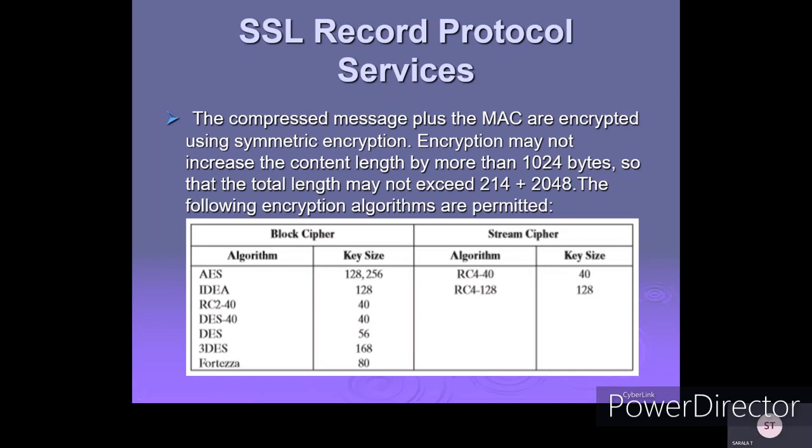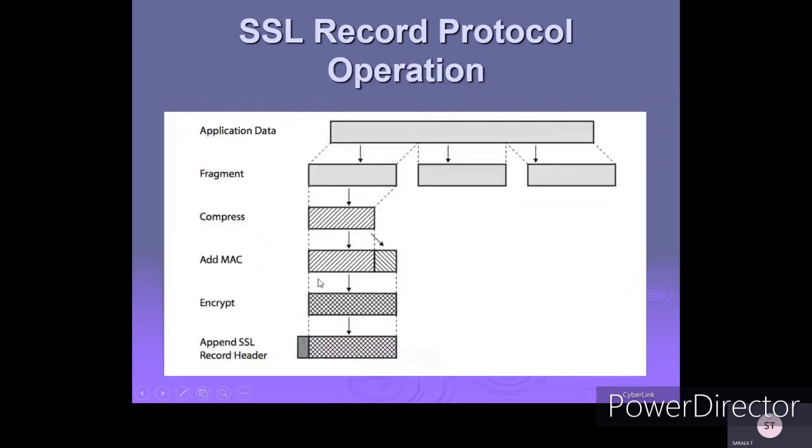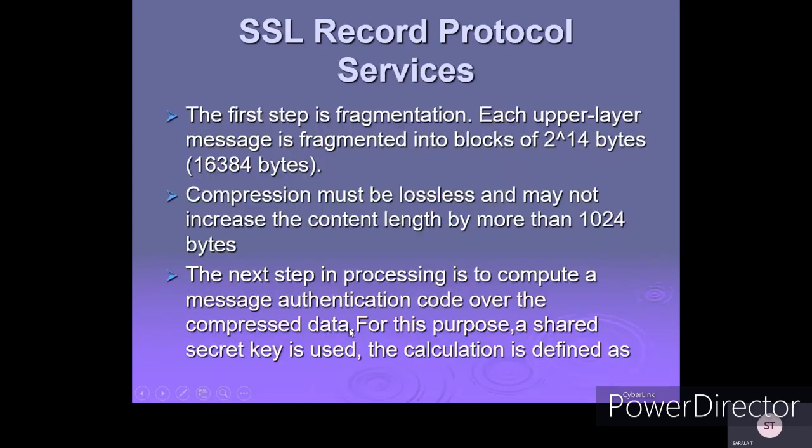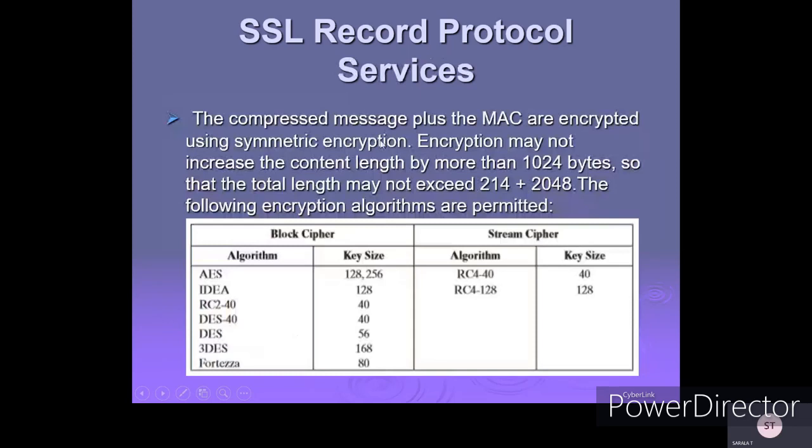And the compressed message plus the MAC are encrypted. What we have seen in the block diagram, the compressed data or fragment with the MAC calculation, you are doing the encryption. That encryption method we can see here, encrypted using symmetric encryption, and encryption may not increase the content length by more than 1024 bytes.